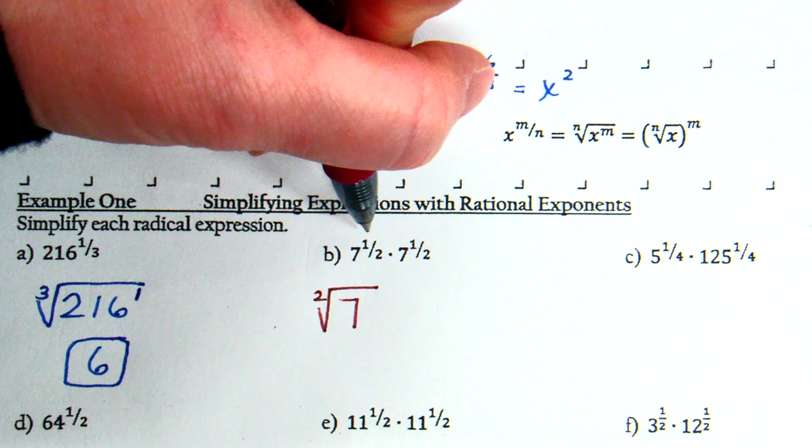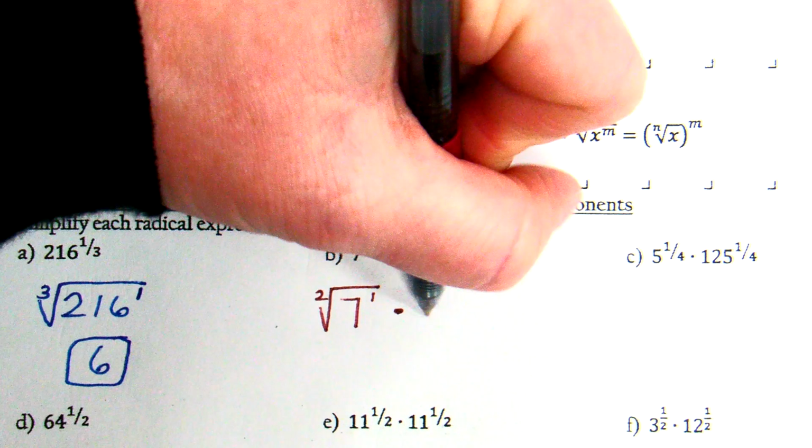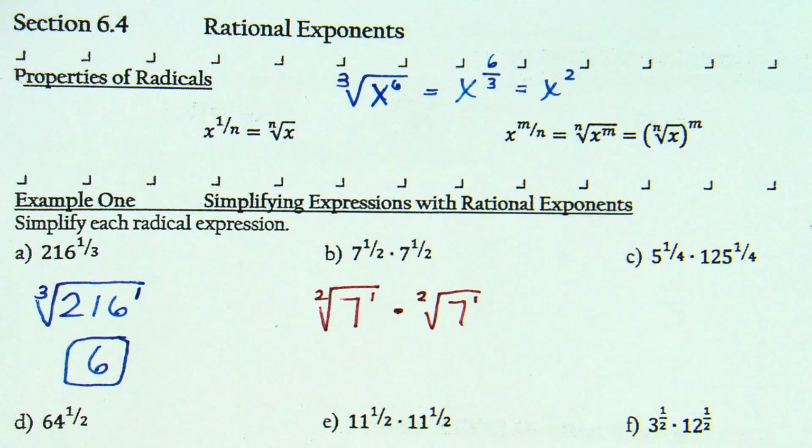So it's the second root of 7 to the first. But what do I mean when I say second root of 7 to the first? That's a fancy way to say square root. And then the other 7 to the 1/2 is going to be the same, right? What is square root of 7 times square root of 7? Square root of 49, which is 7.